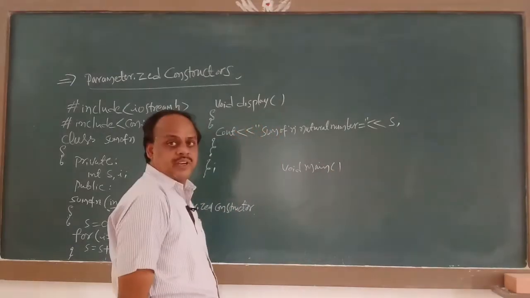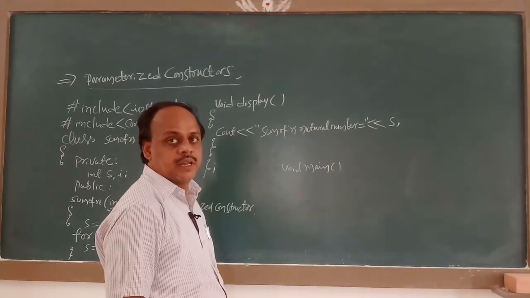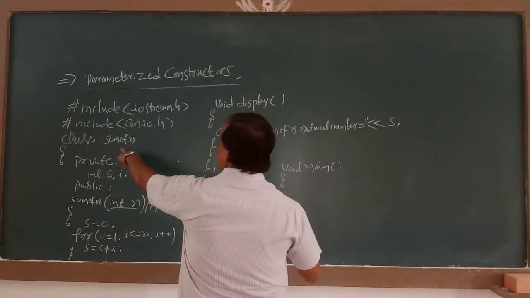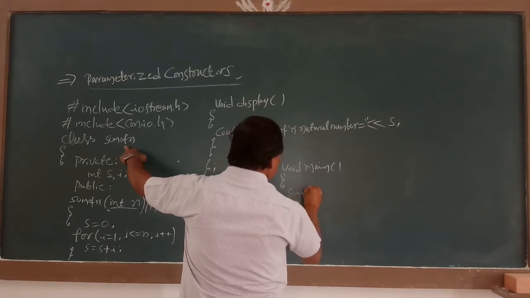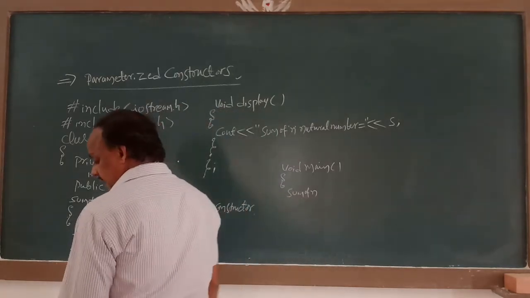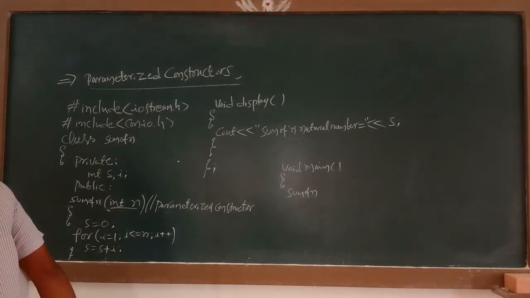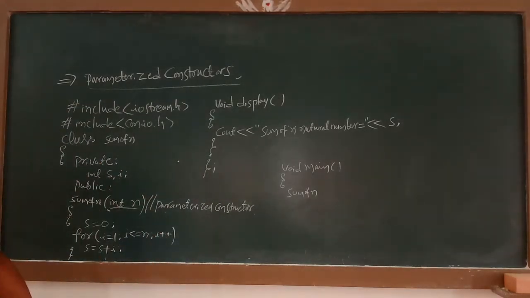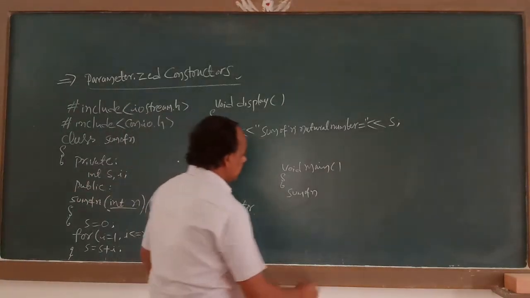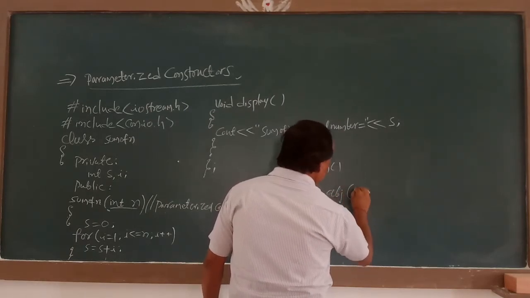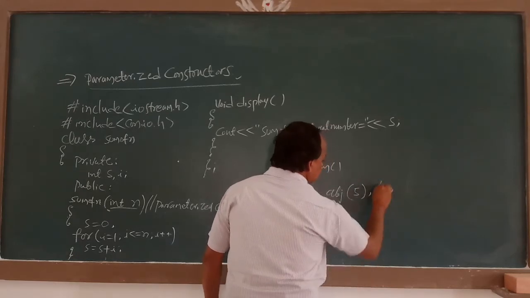In the void main function, the very first statement is the declaration of objects for the class. Therefore, what is the class name? Sum of n is the class name. For the object name, I am taking obj as the object with 5. This is what?